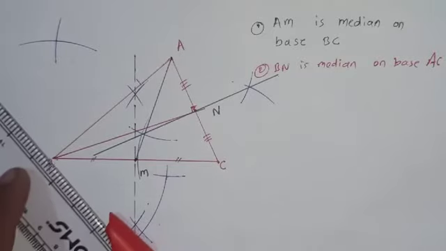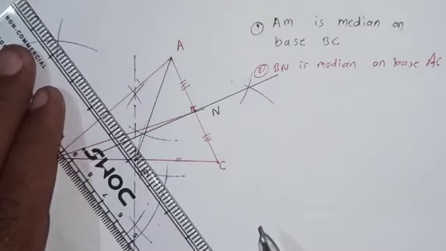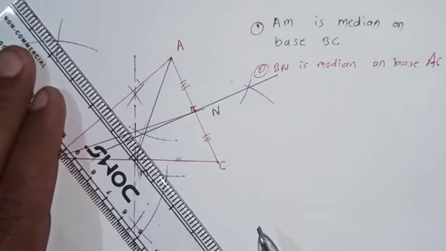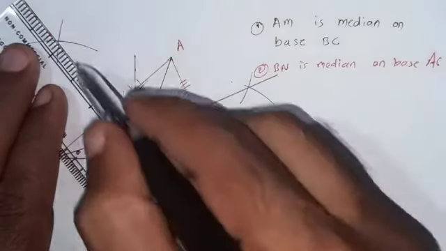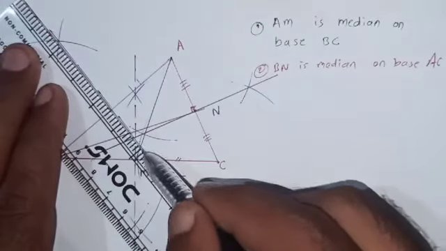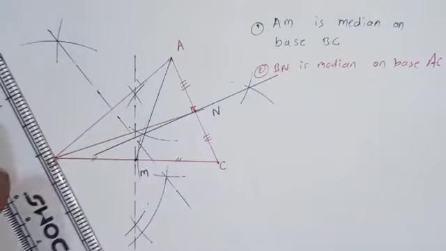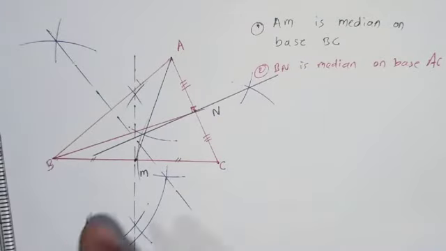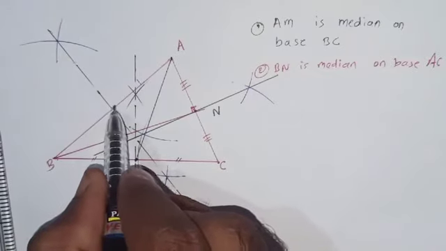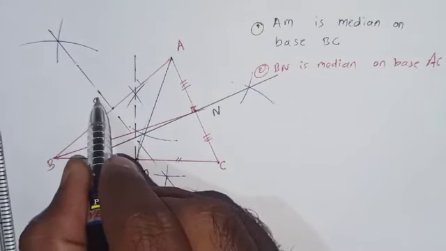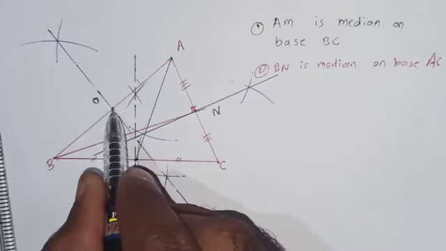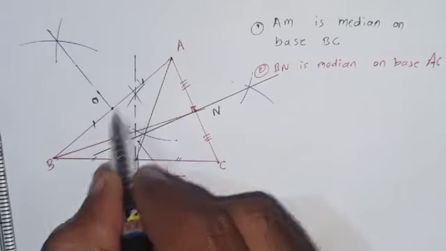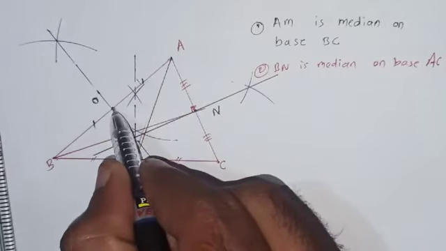Now we have to join these 2 points. Now we got point O, a midpoint such that BO is equal to AO.